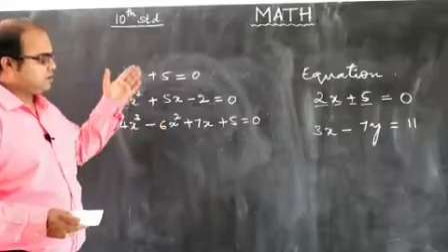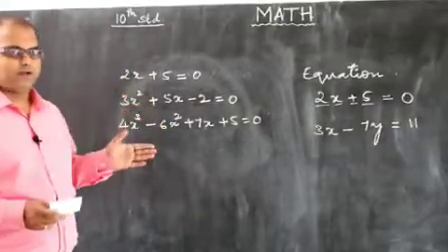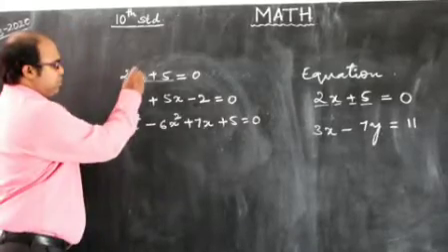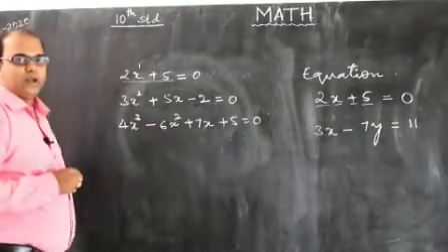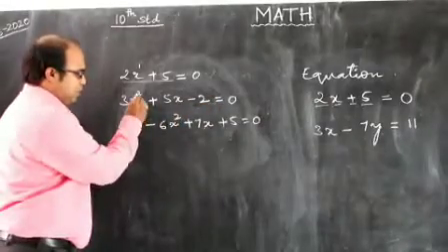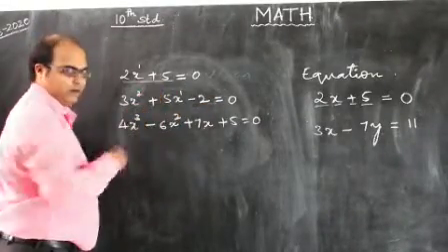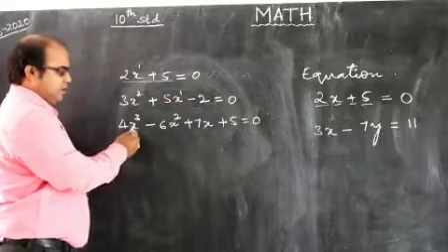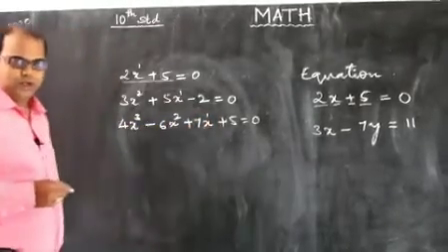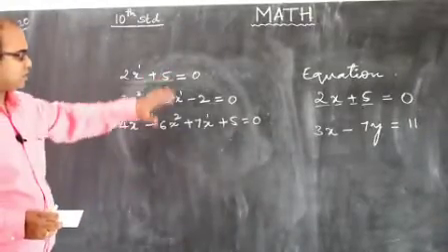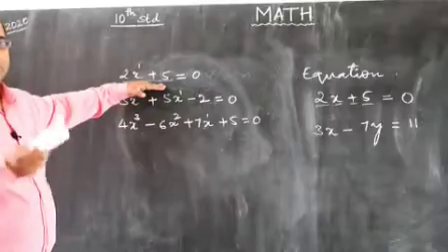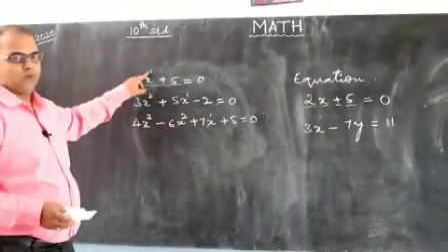So what is that difference you are going to find here? In this, the power is 1. In this, you can find the power 2 and 1. Here, you can find the power 3, 2, 1. Among this, in the first equation, what is the highest power? Highest power is 1.